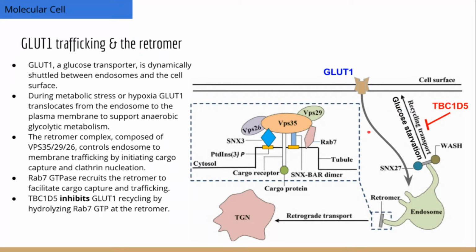So retromer recruitment to the endosome is done by this Rab7 GTPase. So Rab7 is a GTPase, a switch-like protein that alternates between GTP and GDP bound states.